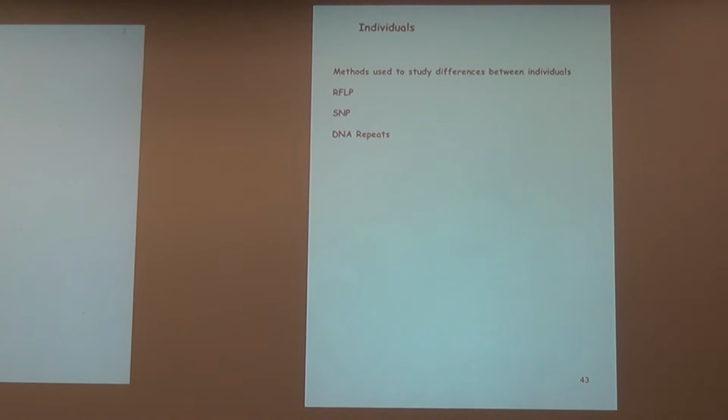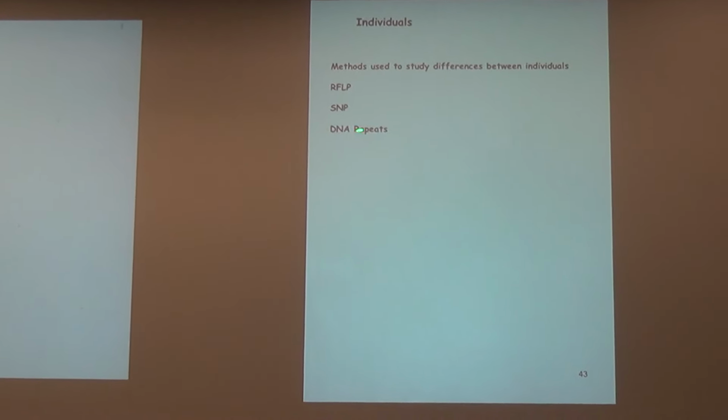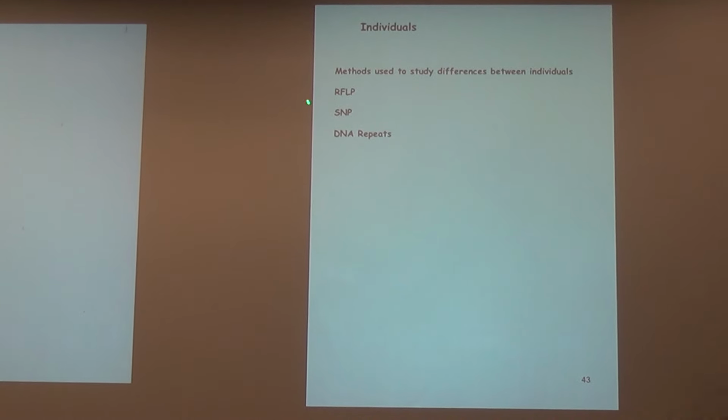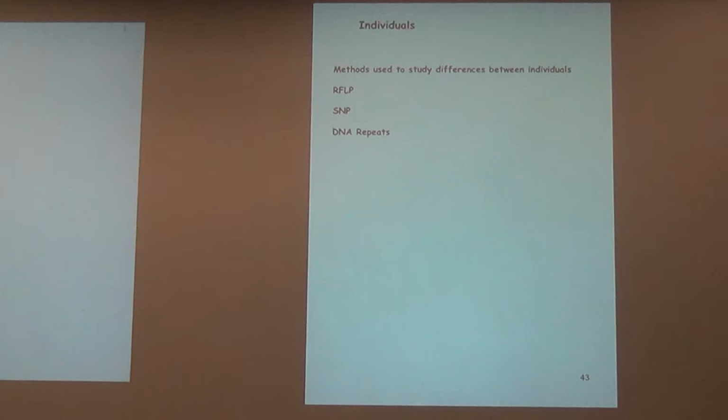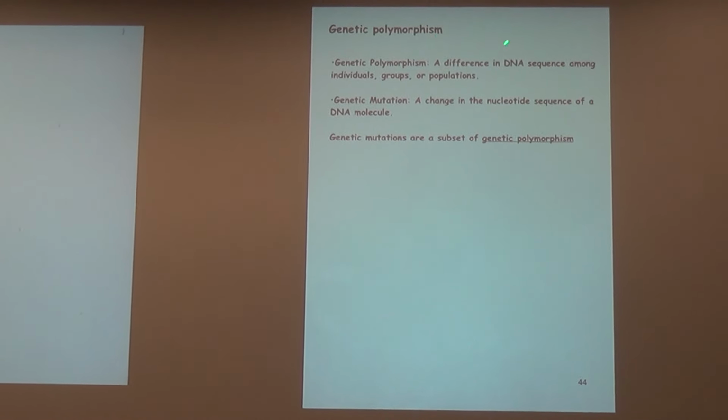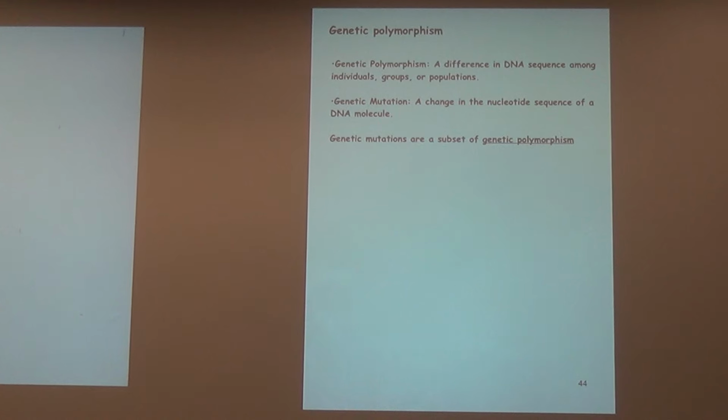So we're talking about genetic polymorphisms. We talked about repeats and DNA fingerprints. We talked about RFLPs. We're now going to look at a different kind of variation called single nucleotide polymorphisms, or SNPs. So a genetic polymorphism is basically a difference in DNA sequence between 2 individuals. And there can be differences between individuals, groups, populations, whatever.